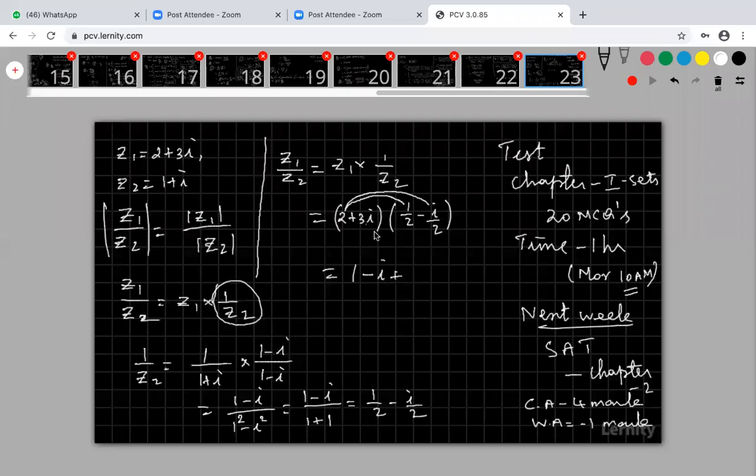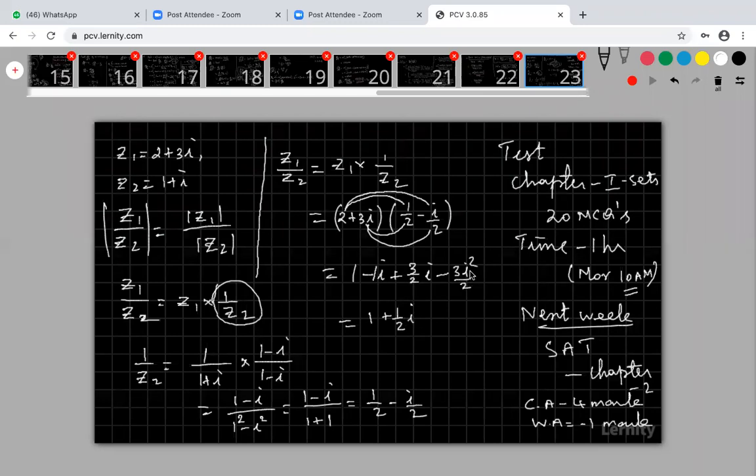Now multiply here 3i into 1 by 2, that is 3 by 2 i, and multiply this, this is minus 3i square by 2. So therefore, the answer is, this is minus 1 here, plus 3 by 2. Minus 1 plus 3 by 2 means this is half. 3 by 2 minus 1 means half of i.